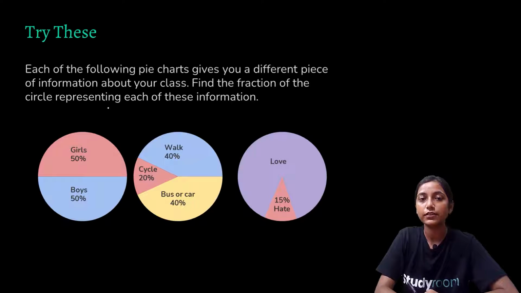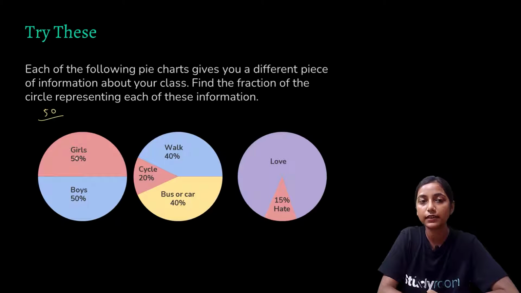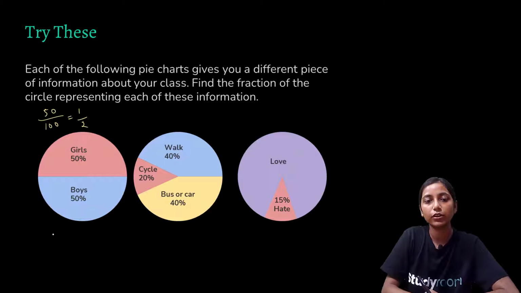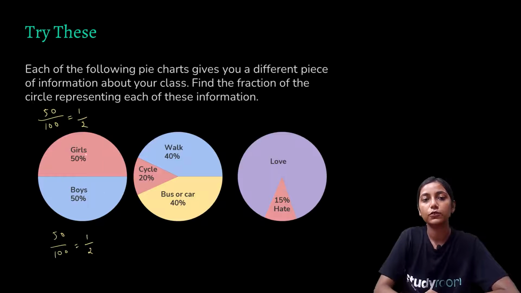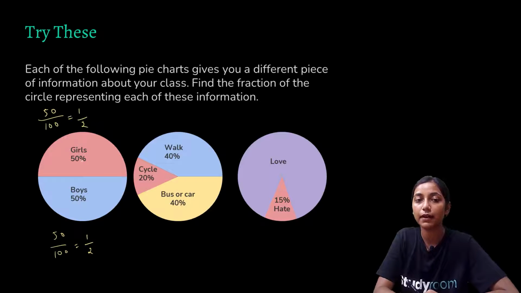First of all, for the girls, 50% is given to us, so 50 by 100, it will be 1 by 2. Similarly, for the boys, it will be 50 by 100, that is 1 by 2. So a 1 by 2 fraction of the circle represents girls, and for boys also 1 by 2.